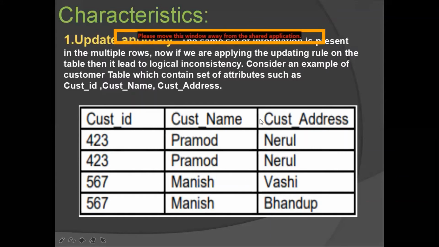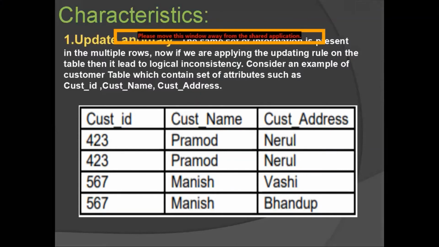Now if you see this table, you will understand, kids, that there are two rows. Pramod is at two places with the same address, correct? So it has to update the first row and also the second row. Now suppose Pramod is in a different section and his customer ID and address are at multiple places.